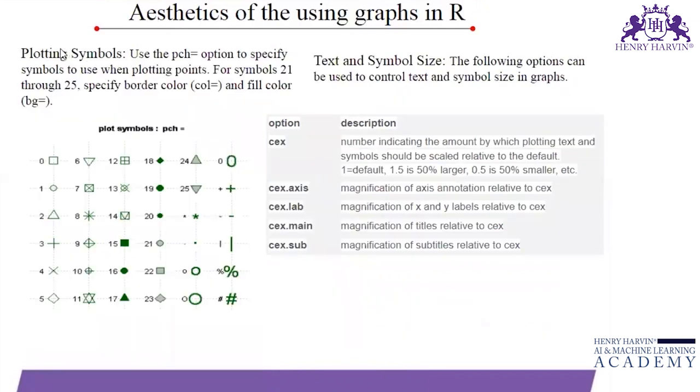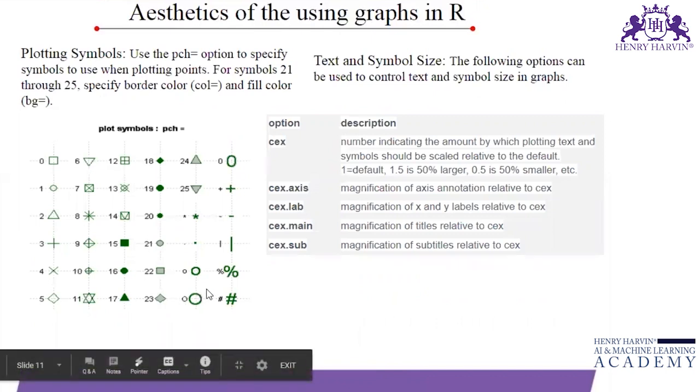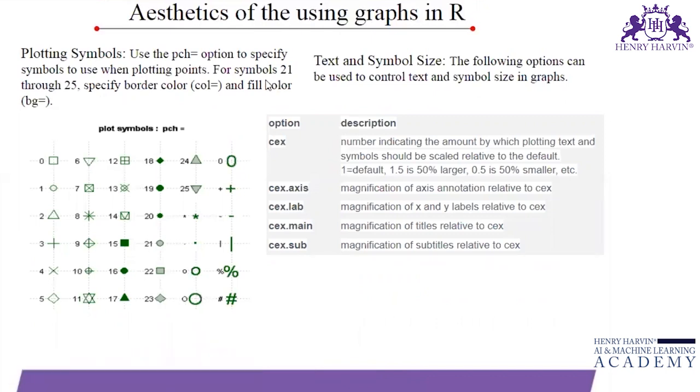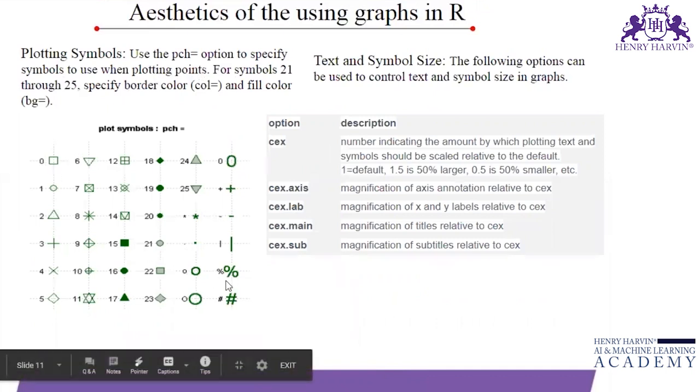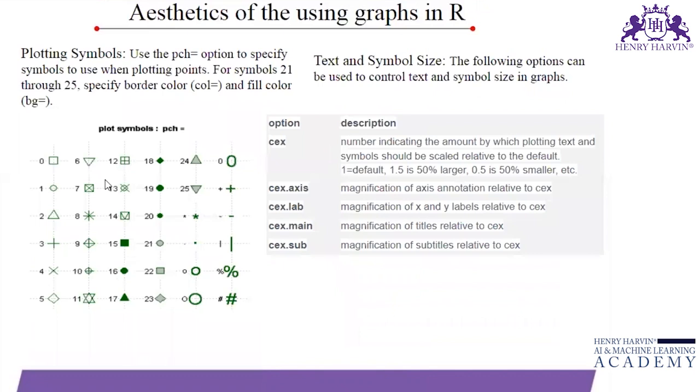Next is the plotting symbol. The plotting symbol can be of different shapes. For symbols, the numbers are from 0 to 25. There are 26 types of symbols that you can use to plot your data. The command used to give the name to the plotting symbol is pch.